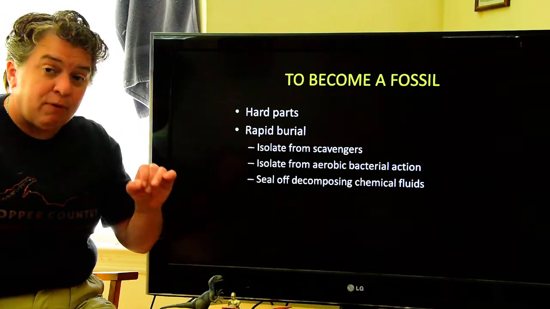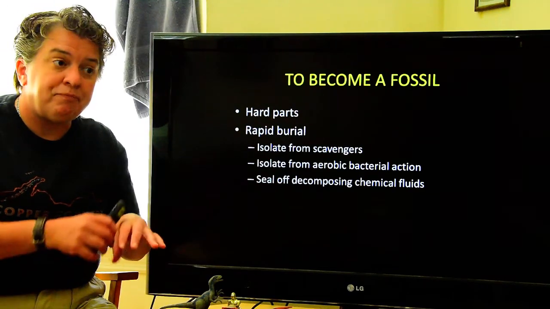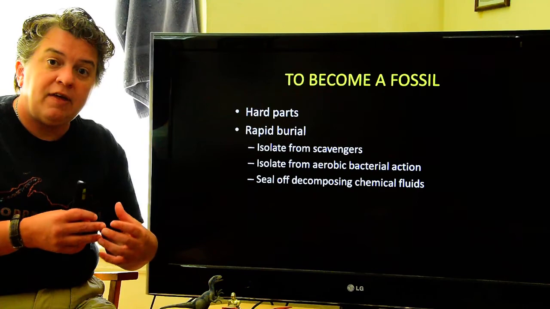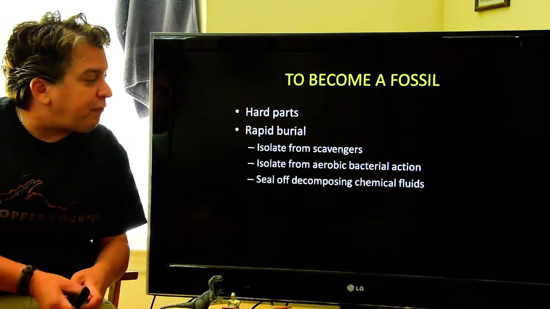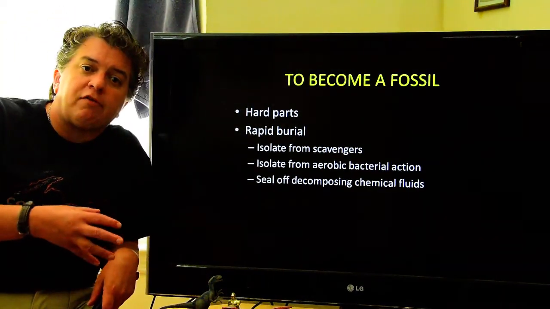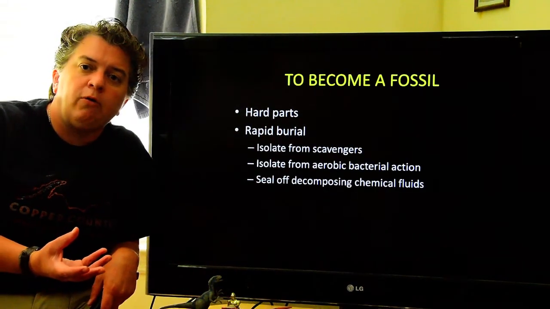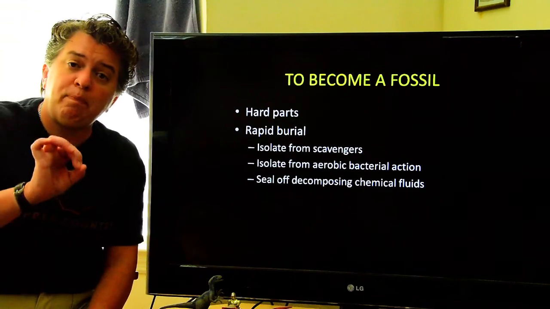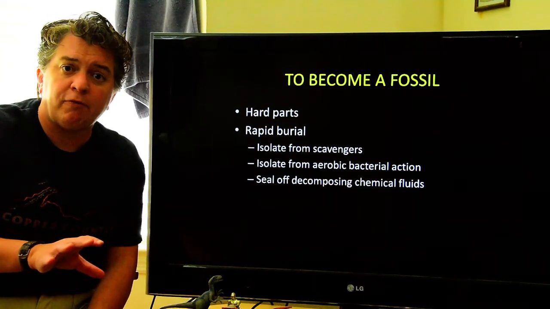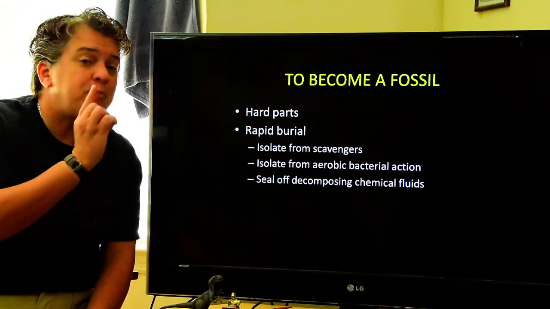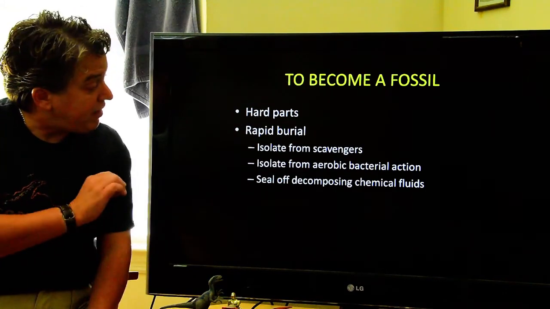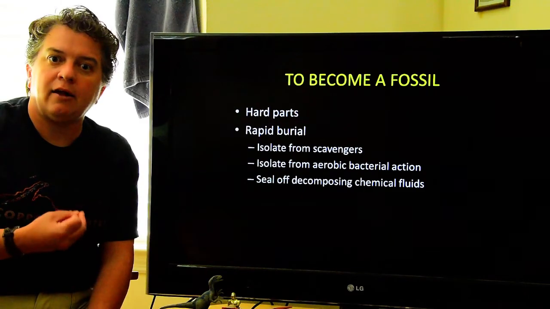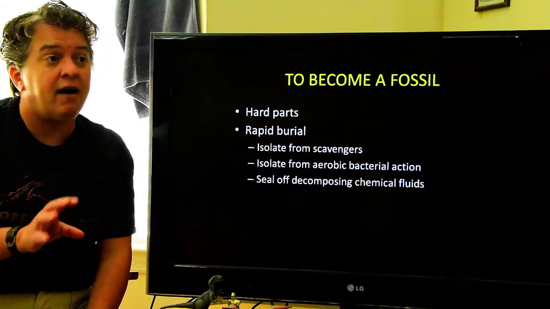And in this rapid burial, the sediment that has buried that might seal off the organism from chemical fluids that would help decompose the organic matter as well. So the two big things to help something become a fossil are having hard parts and rapid burial. Now, soft tissues can get preserved, but like I said, it's not as common.